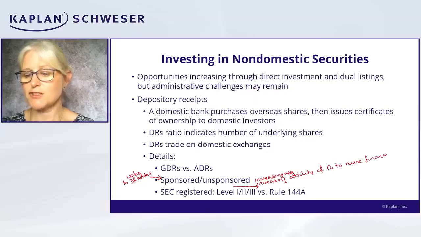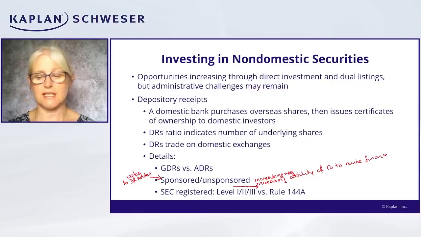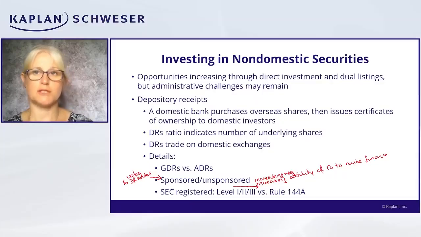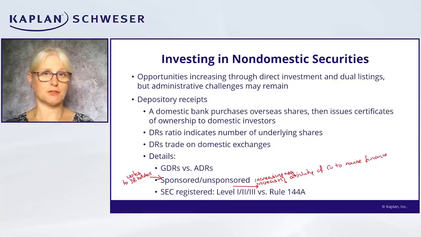So by the time you get to a level 3 SEC registered depository receipt, ADR most likely, then you have got, let's say, the likes of Selfridges actually issuing these things into the American market to raise money from American investors. Whereas a level 1 is just more that these things exist and they will be traded by American investors, but they're not so much used for fundraising. So everything increases as you go up the levels, right? Whether they're listed, whether finance is available, more regulation, that sort of thing.